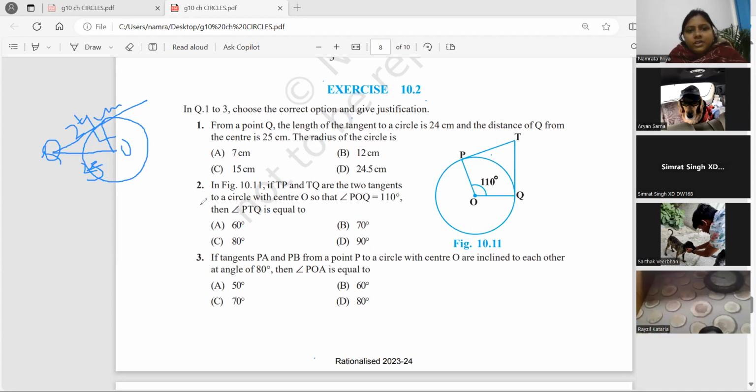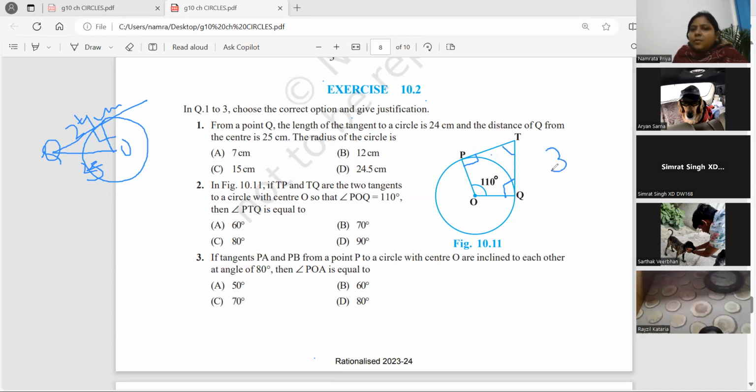Now, moving on to question number 2. The figure is already given: if TP and TQ are the tangents to the circle with center O, so that angle POQ is 110 degree, then you need to find angle PTQ. Here you already know that this is 90 degree and this is 90 degree, and this figure is a quadrilateral.